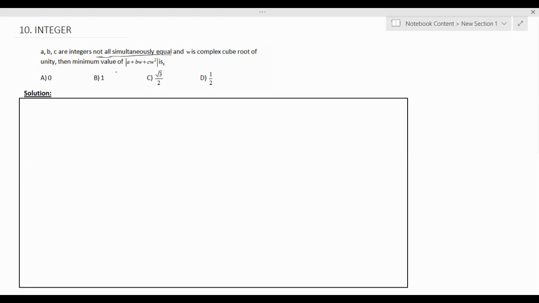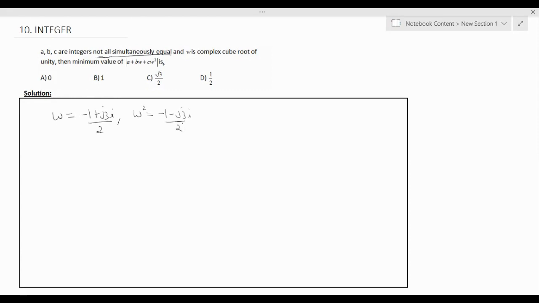So let's start and try to simplify by substituting the values of omega and omega square. You should remember the values of omega and omega square. Omega is minus 1 plus root 3 i by 2, and omega square is minus 1 minus root 3 i by 2.